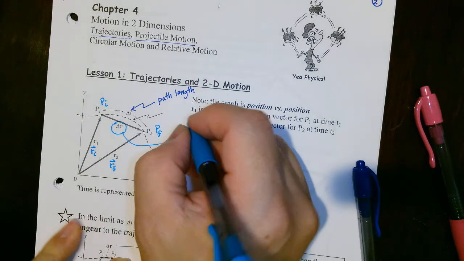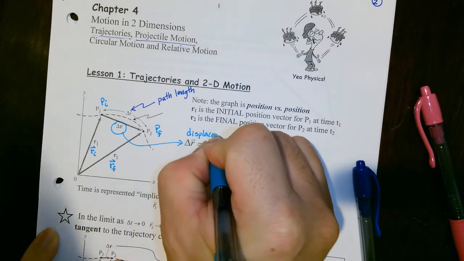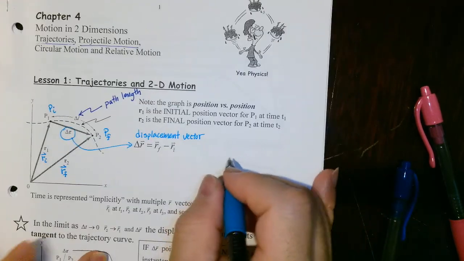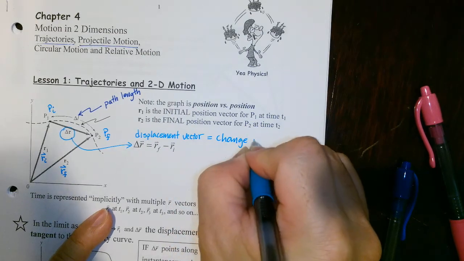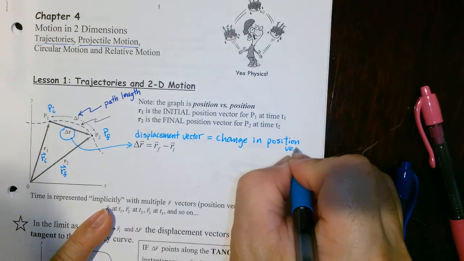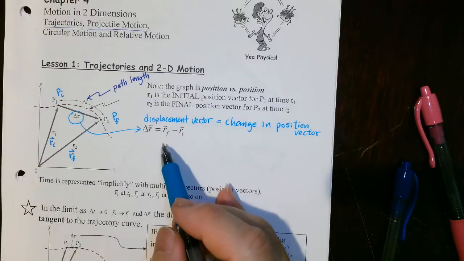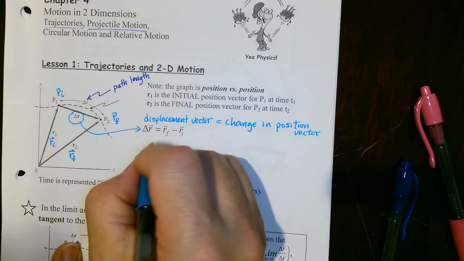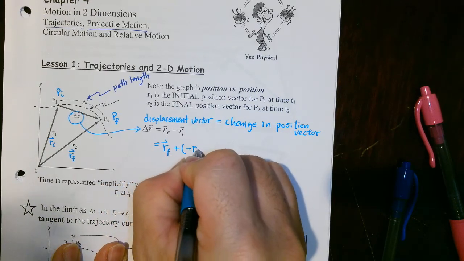The change in position vector is simply the final position vector minus the initial position vector, or simply RF plus negative RI.